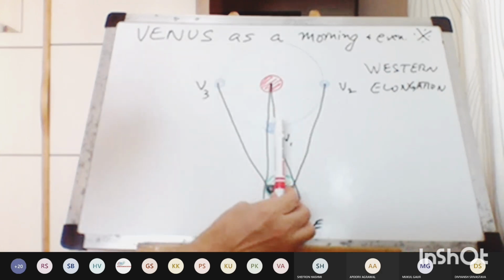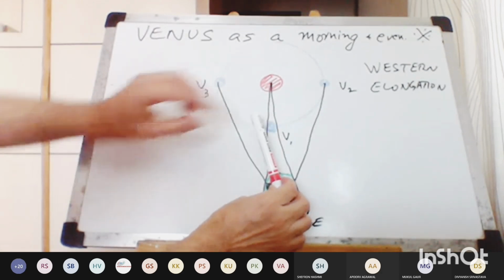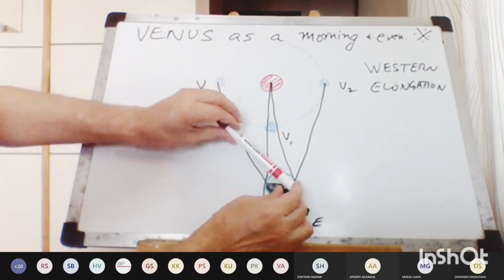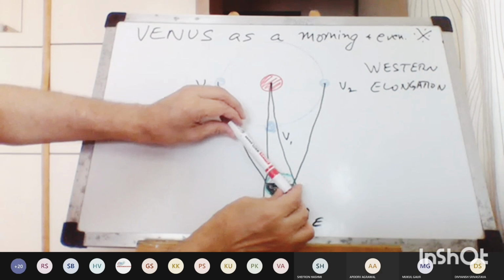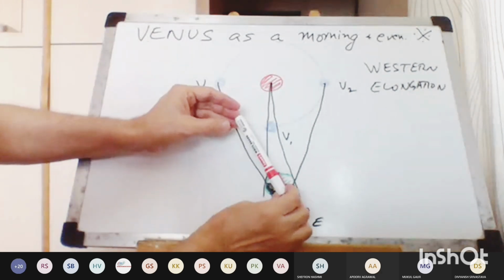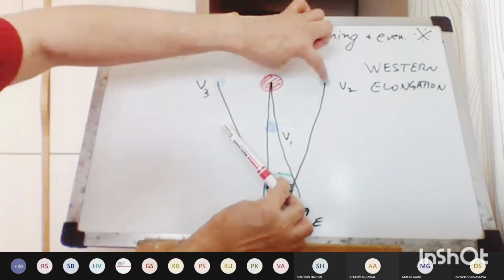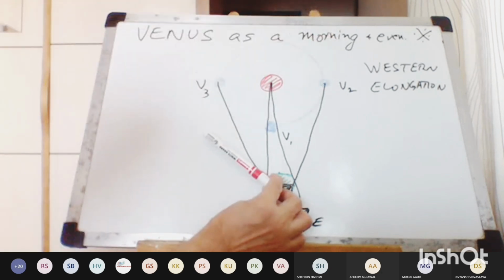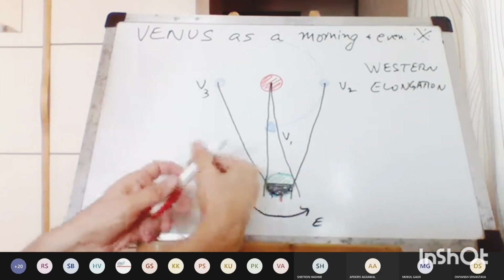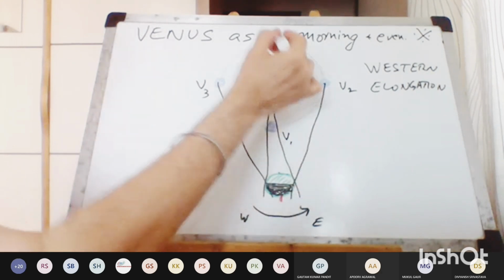Same observer now in the afternoon, the Earth is rotating. It is becoming evening now. Which body will set first? V2 or the Sun? V2, sir. V2. Very good.